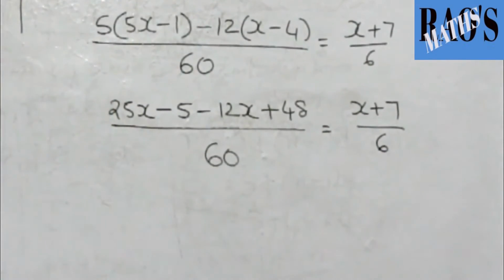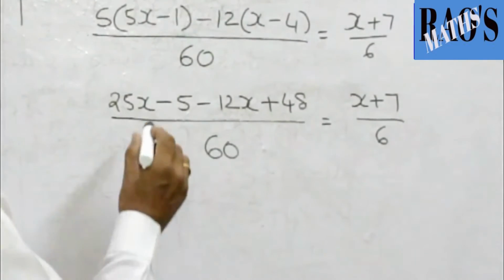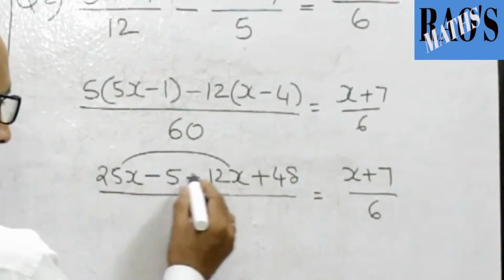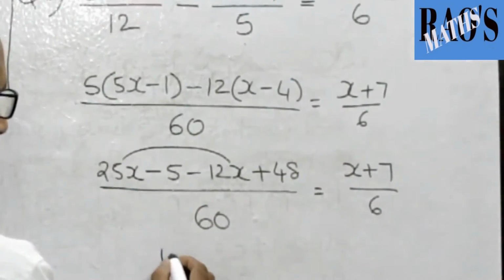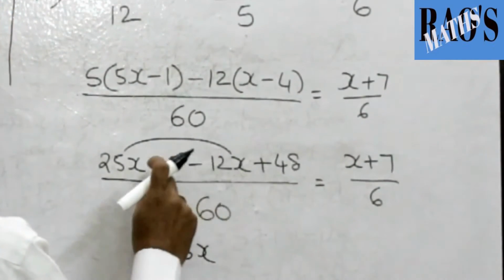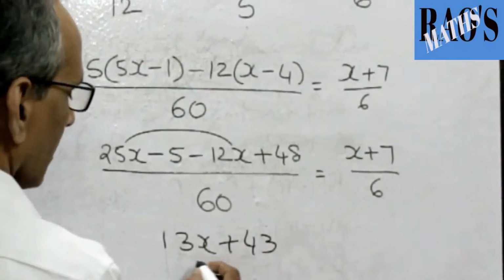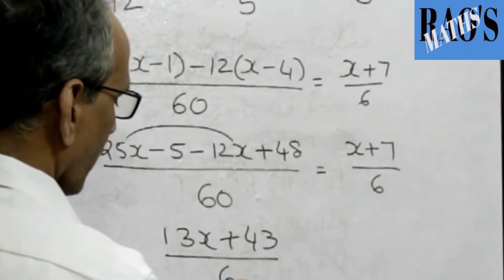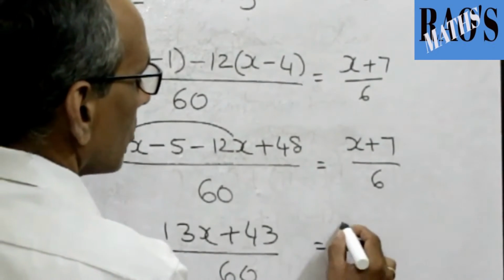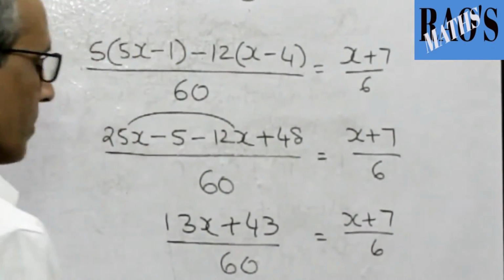Since we have a pair of like terms in the numerator after multiplication, let me simplify this. 25x minus 12x is 13x, plus 48 minus 5, plus 43, by 60 is equal to x plus 7 by 6.